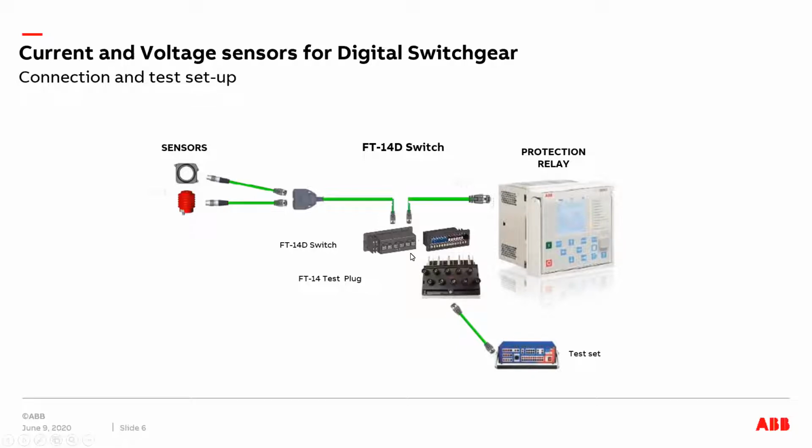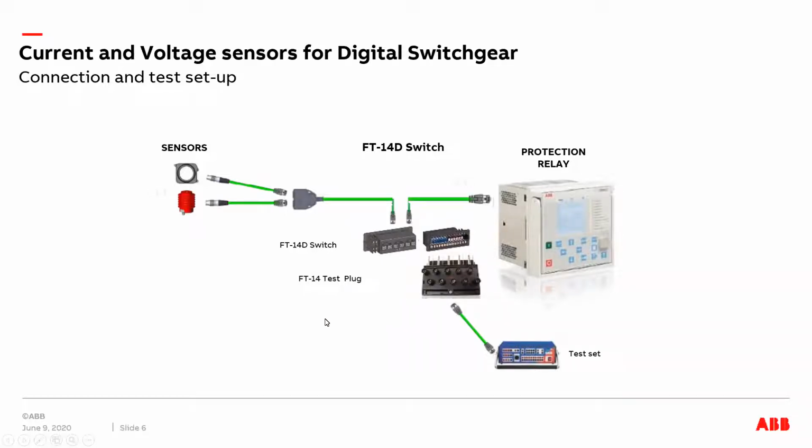If you're testing, this can be used along with a test plug, where any standard secondary injection test kit capable of injecting LEA output can be used to inject the LEA output into the relay, bypassing the sensors. So that is the arrangement here. This is very similar to the traditional CT/PT wiring using an FT switch, but in this case it is an FT14D switch.